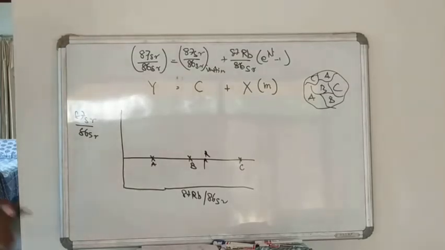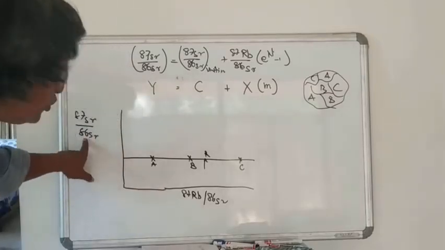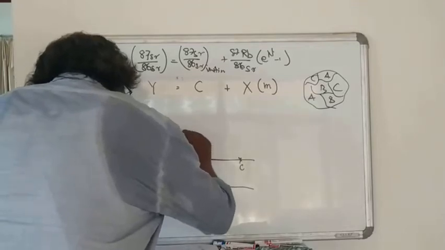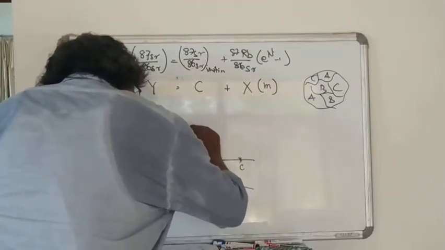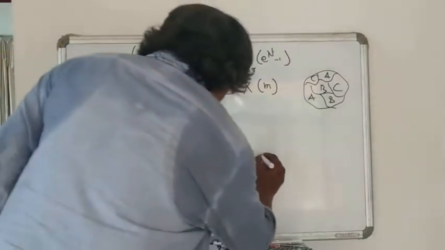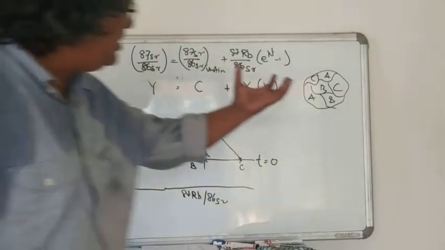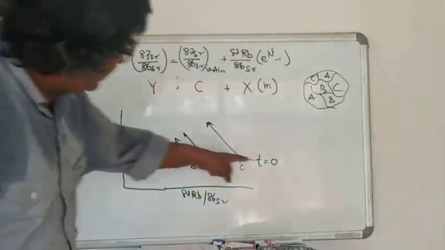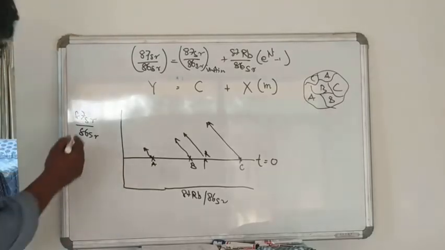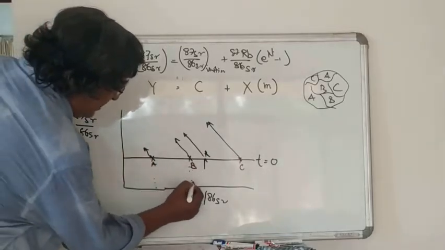So with time, what will happen? 87 rubidium will decrease and 87 strontium will increase. So every point in the graph will move in this direction. This is at time t equal to 0, when the material formed. A was characterized by this value of 87 strontium by 86 strontium, but a different value of 87 rubidium.